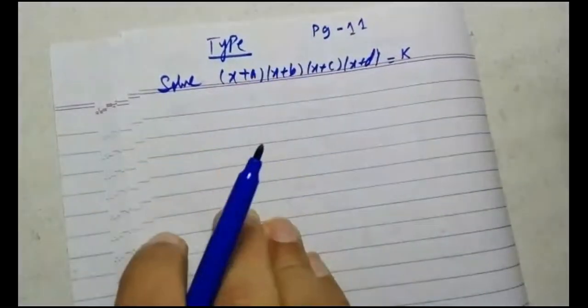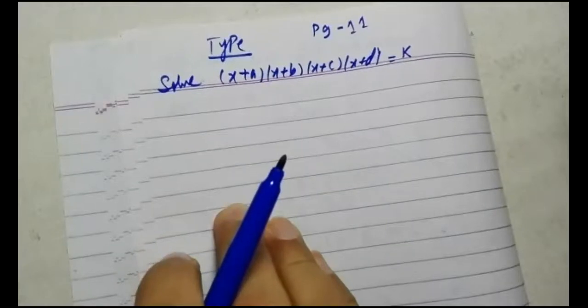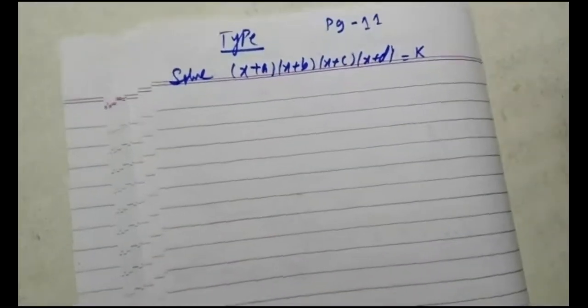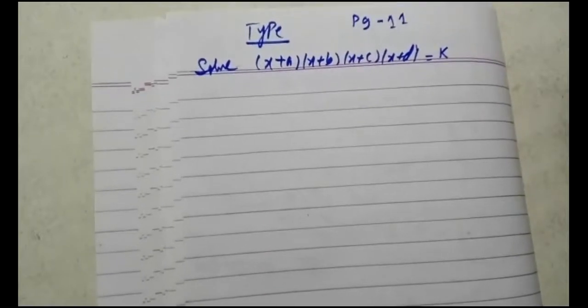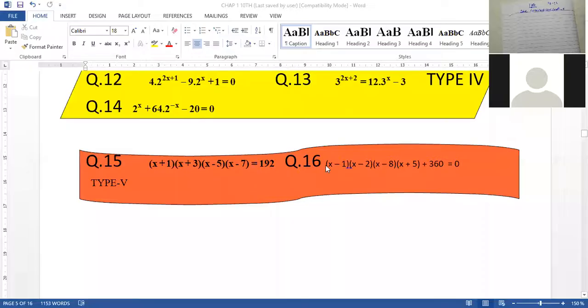The last two parts of the exercise, 15 and 16, are this type. I have written type number 5, question number 15 and 16. These are exactly similar to this one.